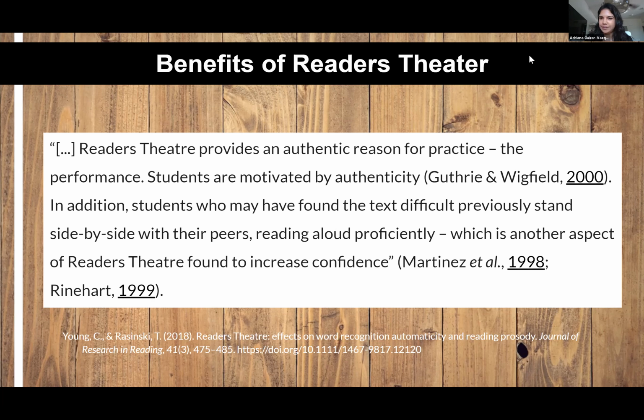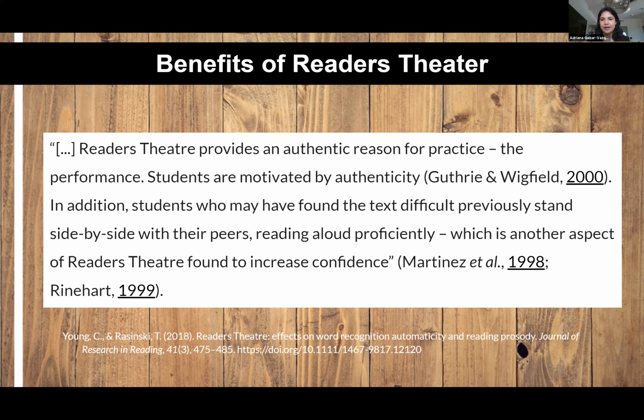So part of Reader's Theater is that the major benefits are that they allow students to have that authentic audience. So they're bringing any text, not necessarily just plays, but any text that they might experience some difficulty with at first.